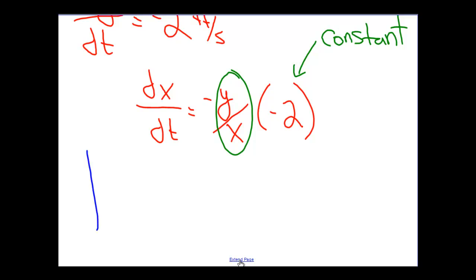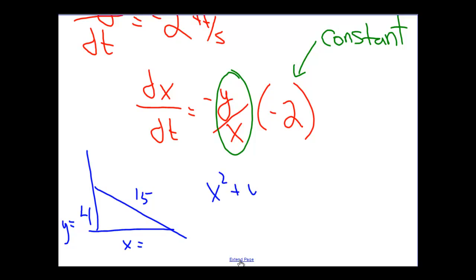So what we're told here is we have our ladder basically looking something like this. It's a 15-foot ladder. We have 4 feet off the ground is where the top of the ladder is at. This is our y value, and what we need now is our x value. To get our x value, we simply calculate it based on the constraint we had, the Pythagorean theorem. x squared plus y squared has to equal 15 squared.